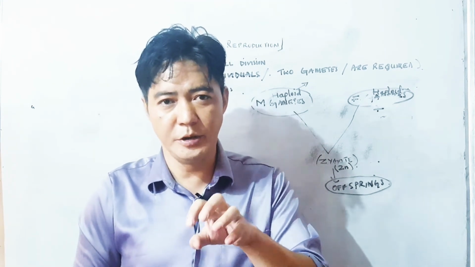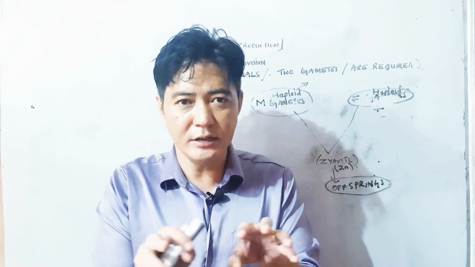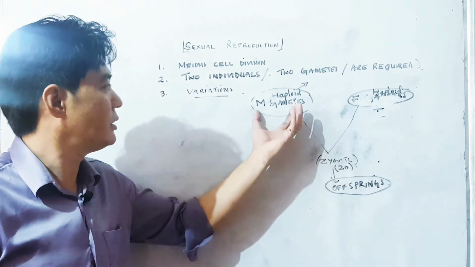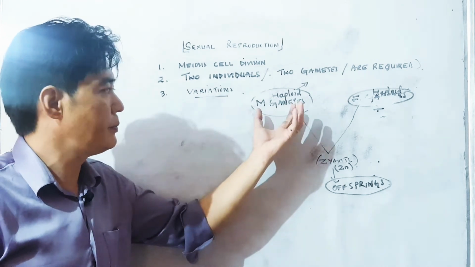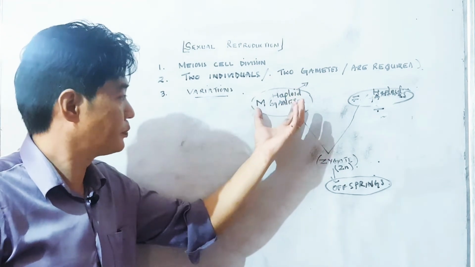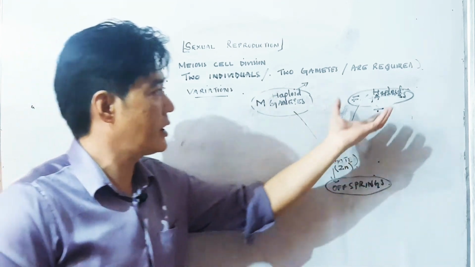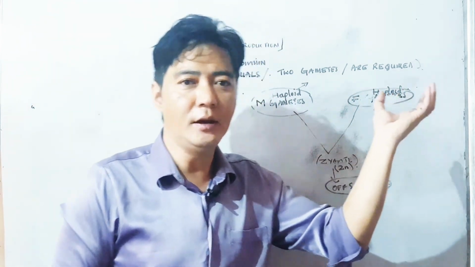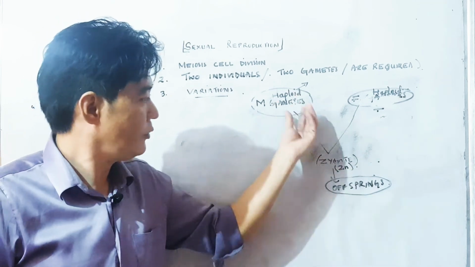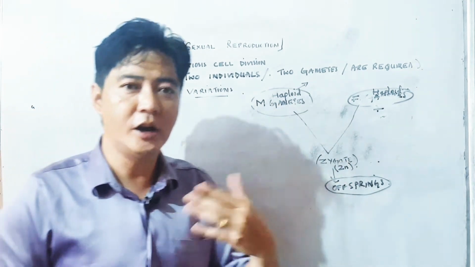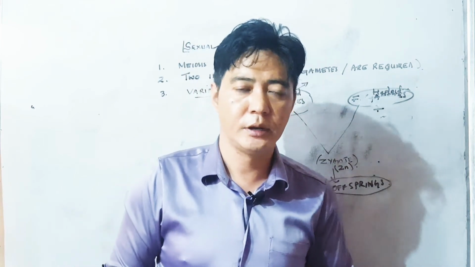So during the formation of gametes, these characters are separated. One character from the male, or father, and another character from the female, or mother, fuse together to form a zygote. So due to this, variation occurs in the offspring.